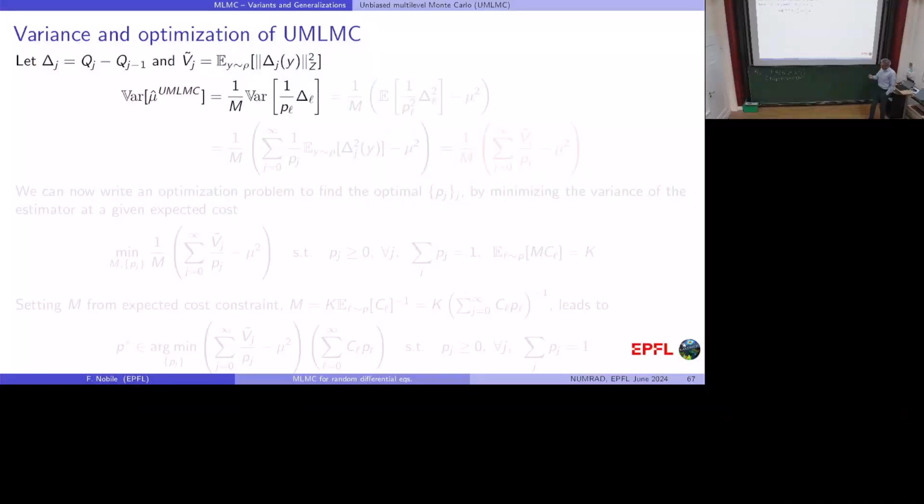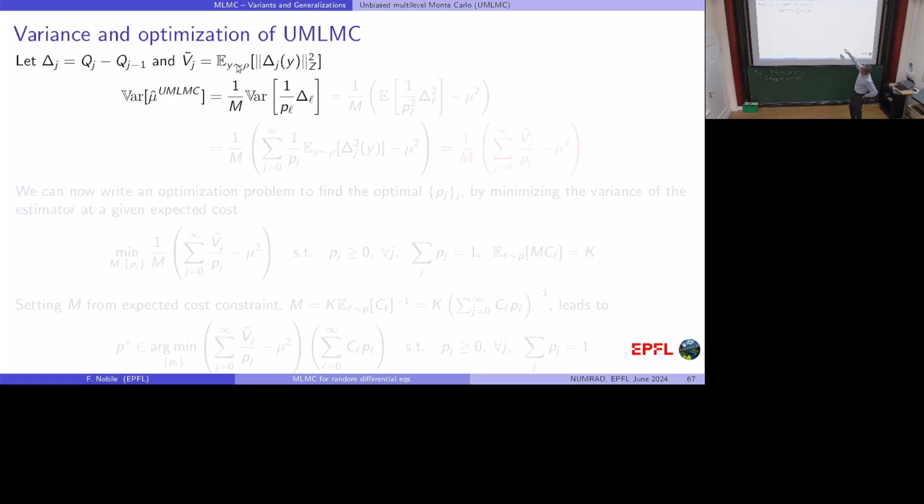So a little bit of theory of this version. Does it work in practice? So this notation I call delta J as yesterday, this difference Q_J minus Q_{J-1}. And in the theory, what appears is the variance of this difference, the variance taken at a fixed J. So I call this B tilde J. Maybe yesterday I just called it B_J, probably a change of notation.